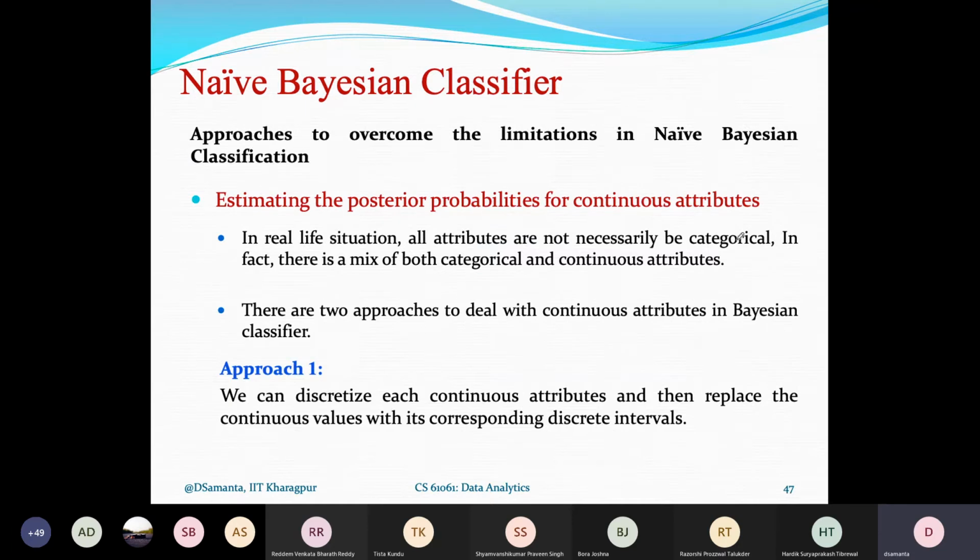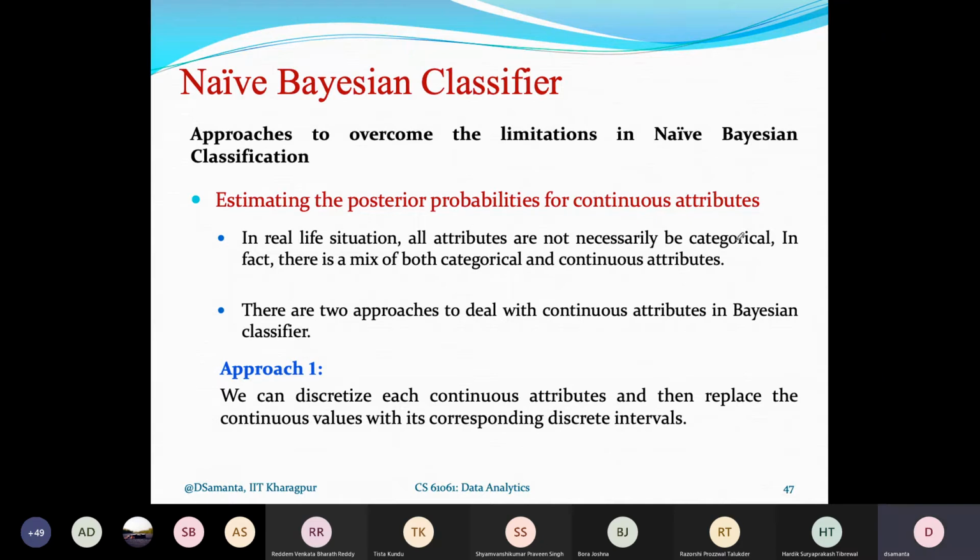So addressing the first problem, that means if the data that is given to you is not categorical, let it be numerical, in continuous attributes, there are two approaches. The first approach is a discretization approach.